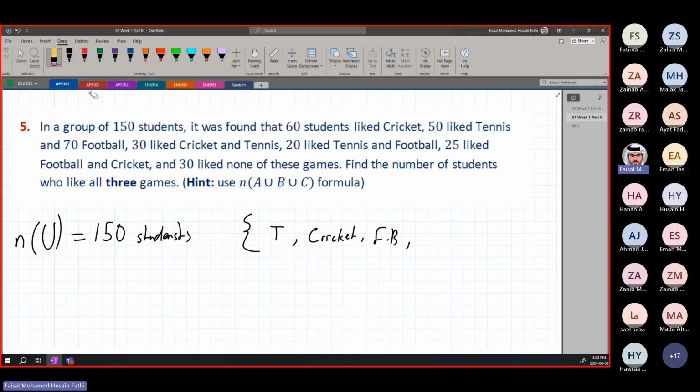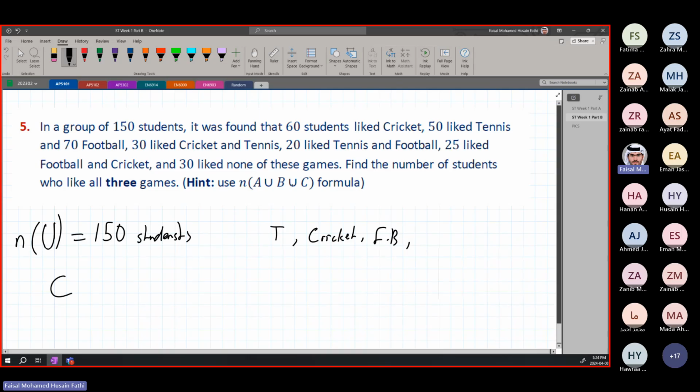So we're going to have to create sets for each one. This is not a set in itself. This is just the options that we have. So the first one, we found that 60 students liked just cricket. So cricket by itself is equal to 60 students.